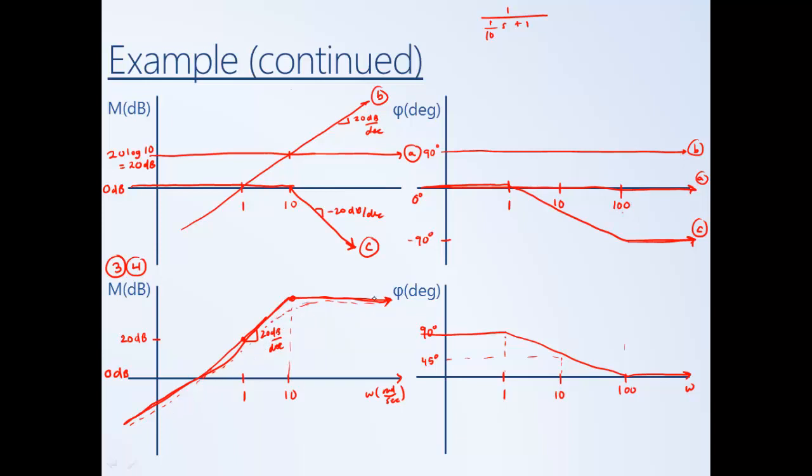Okay, and for this one, we'd start off flat, but it would be almost like an S curve. But we don't necessarily have to do that. In general, the straight line approximation is sufficient. And so that completes the Bode diagram, or the straight line approximation of the Bode diagram for that given example.